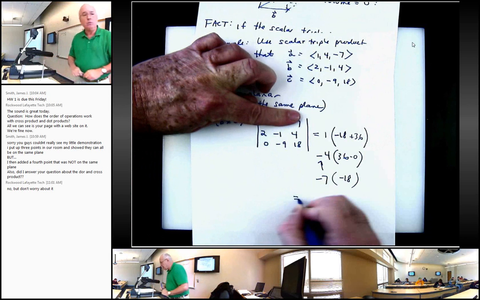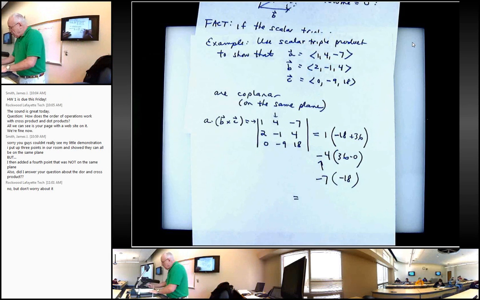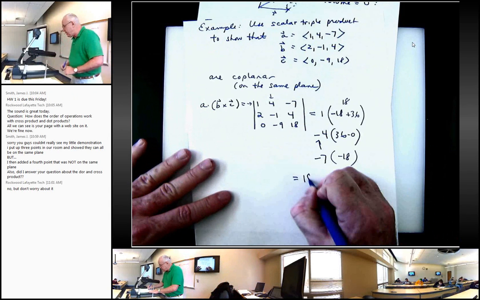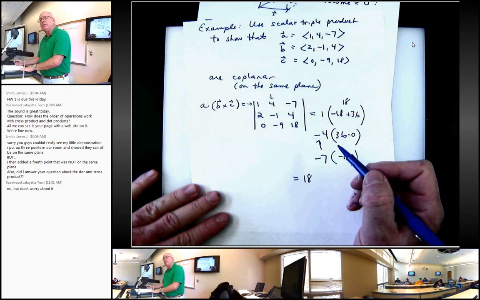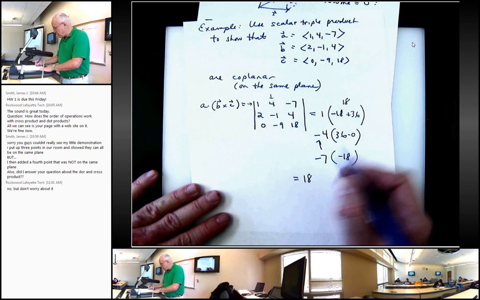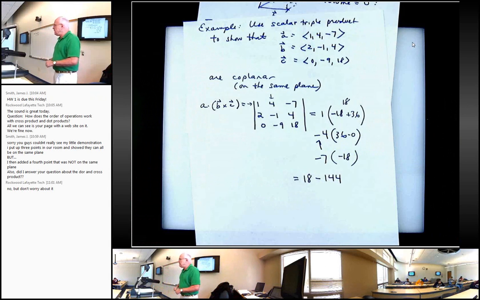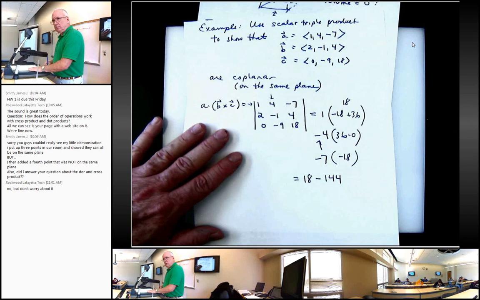Okay, so let's see what we get here when we combine all the numbers. 36 minus 18 is 18. 18 times 1 is 18. Minus 4 times 36 is what? Minus 144. 7 times 18 is, I think, 126, isn't it?